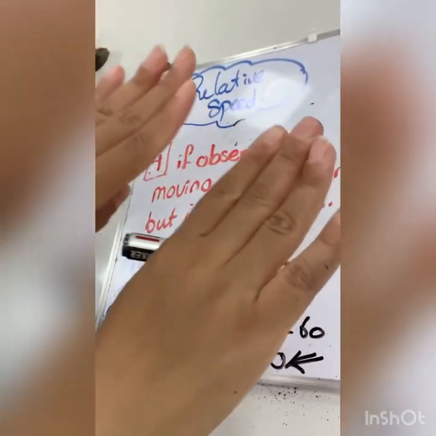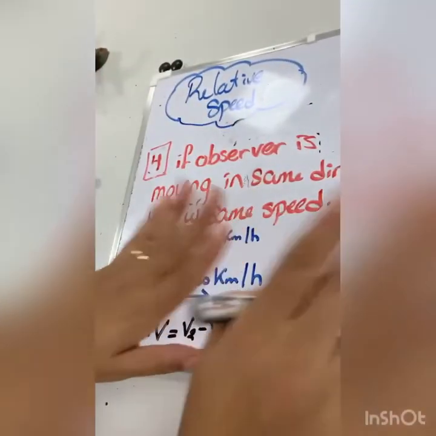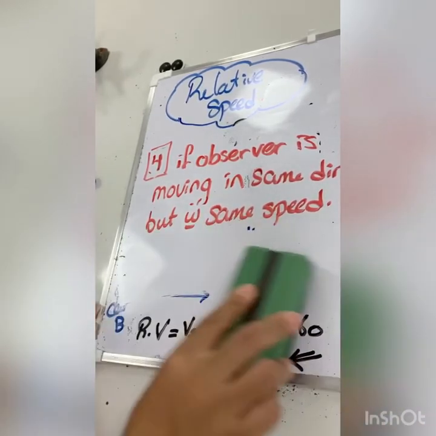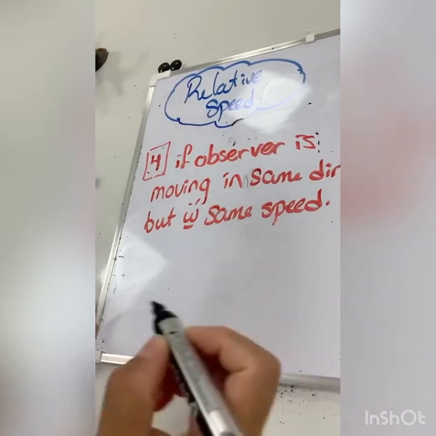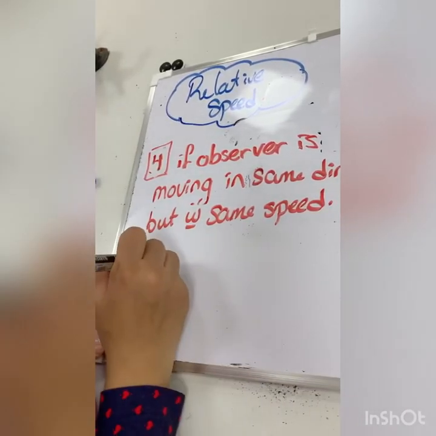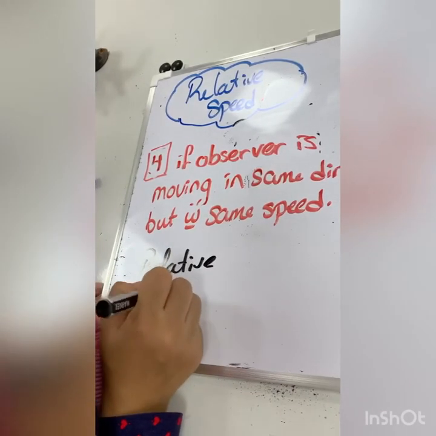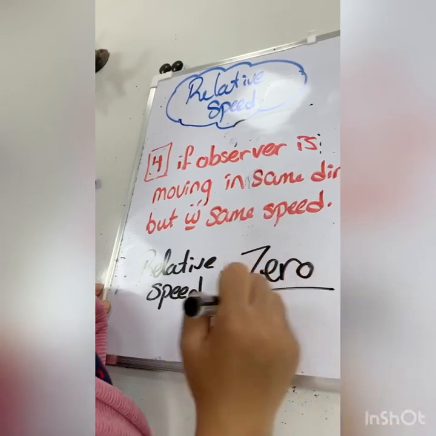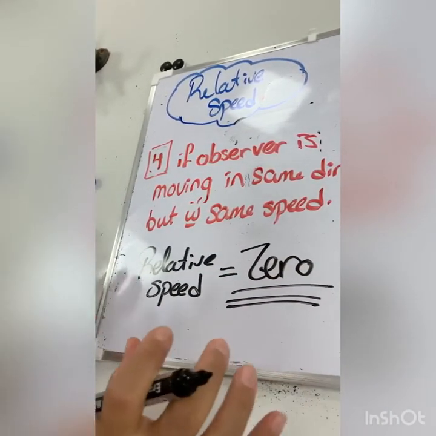So the car will appear as if it is stopped or at rest. So in case number 4, observer moving in the same direction with the same speed, relative speed equals 0, all the time. This is a rule.